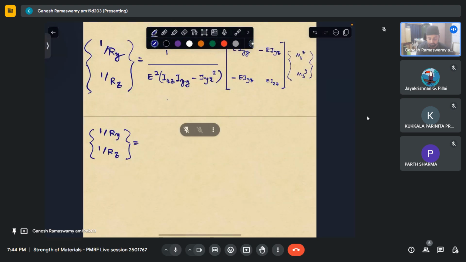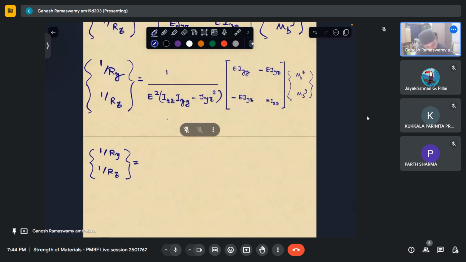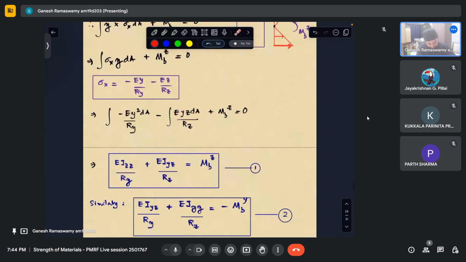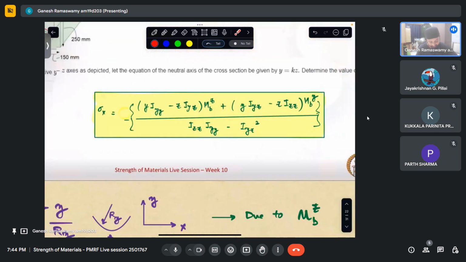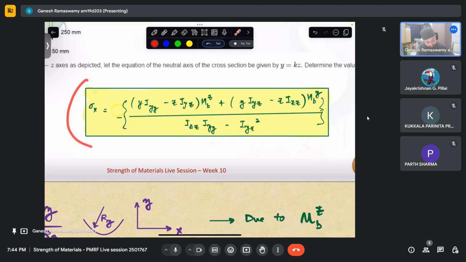So that calculation, one can simplify this, get two expressions for the curvatures, and then substitute it back into our grand equation here, sigma x, and we will be arriving at this equation where sigma x is IYY Z minus Z IYZ into MB plus this quantity, the negative of the entire thing.